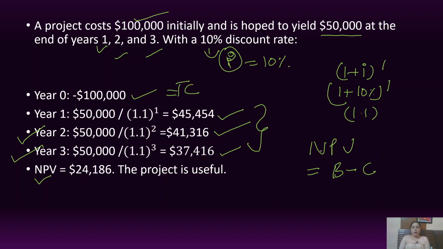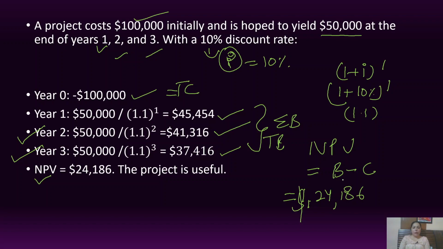Total cost. So how can we have the total benefit in the 3 years? If we add these values, so sigma B, or you can write it like total benefit. So if I add it, the answer would be 1,24,186 dollars.